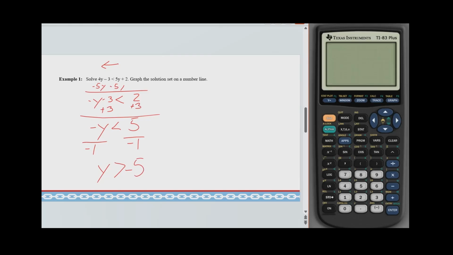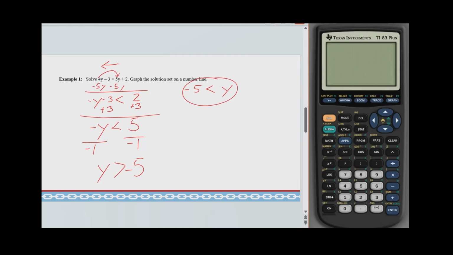If I chose to solve it the other way, if I chose to subtract across the 4y, I would have ended up with negative 5 is less than y. Okay? If I would have moved this over first, then I don't have my y on the left side.